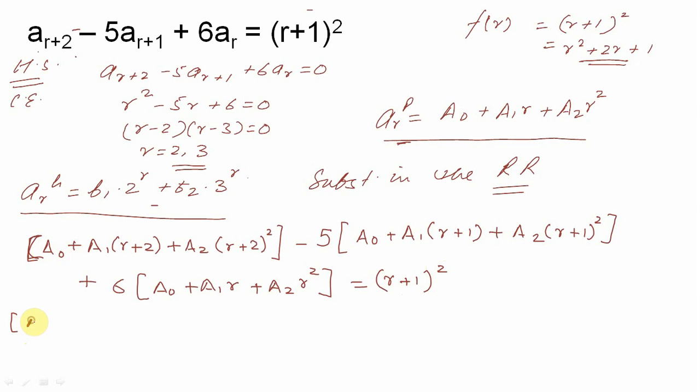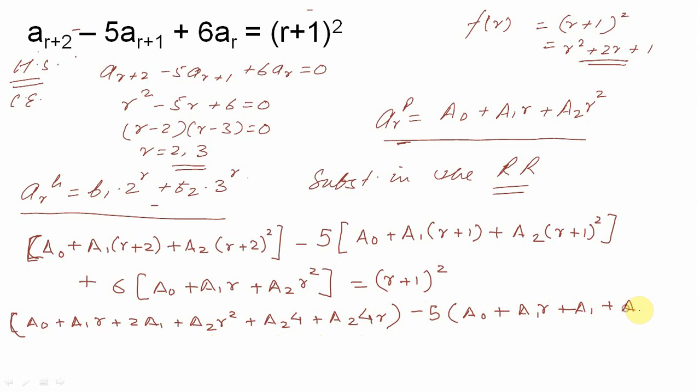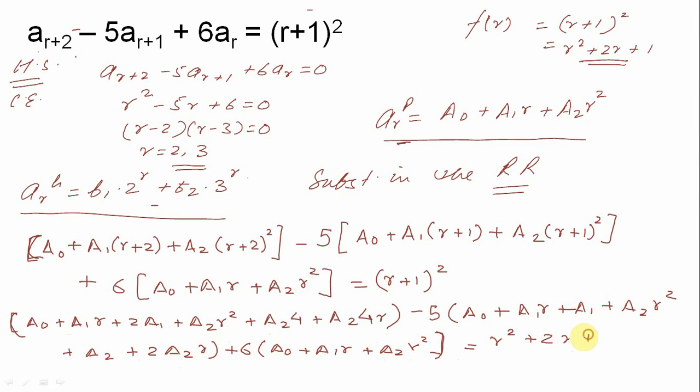So I'll be getting a0 plus a1r plus 2a1 plus a2r square plus a2 4 plus a2 4r, minus 5 times a0 plus a1r plus a1 plus a2r square plus a2 plus 2a2r, plus 6 times a0 plus a1r plus a2r square, is equal to r square plus 2r plus 1.